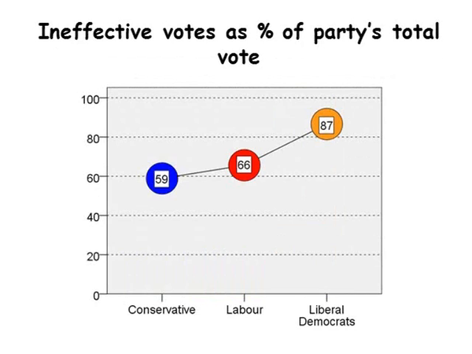If we look at it another way, in terms of ineffective votes as a percentage of the party's total vote, the Conservatives come out rather well, 59%. Labour is on 66%, but a whopping 87% of the Liberal Democrats' total national vote could be considered as ineffective votes.